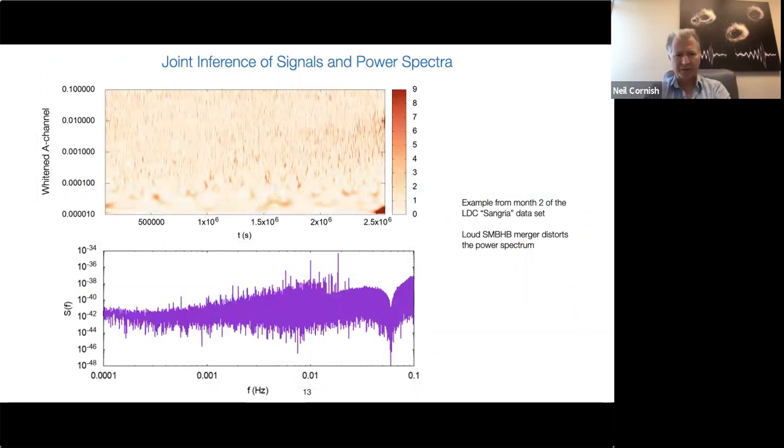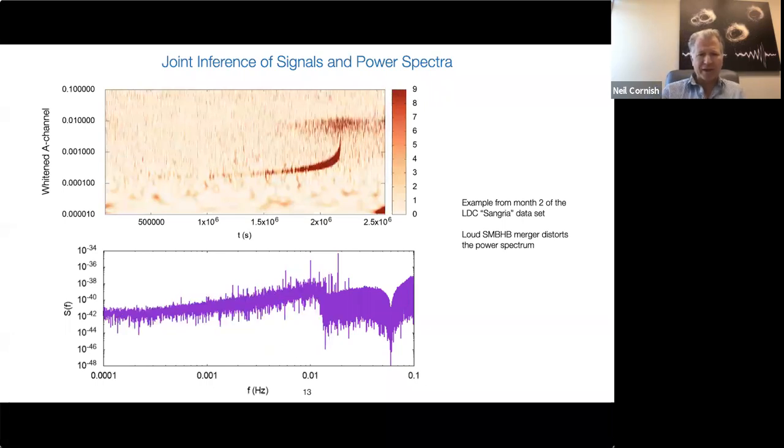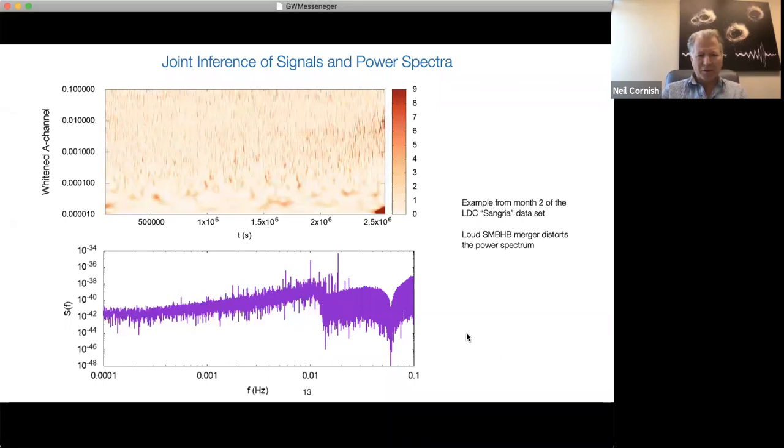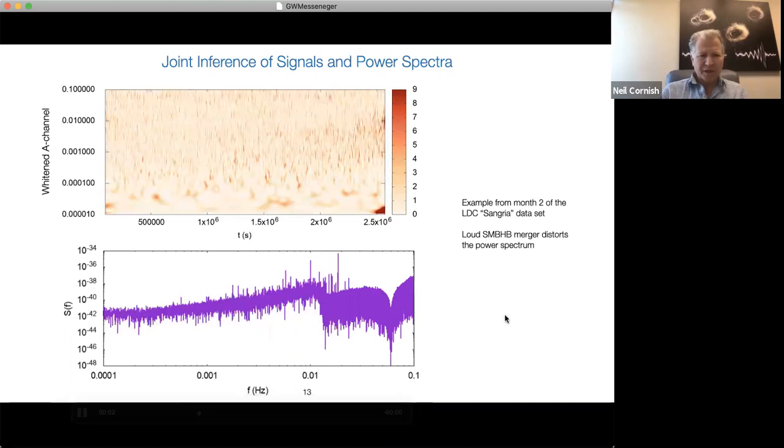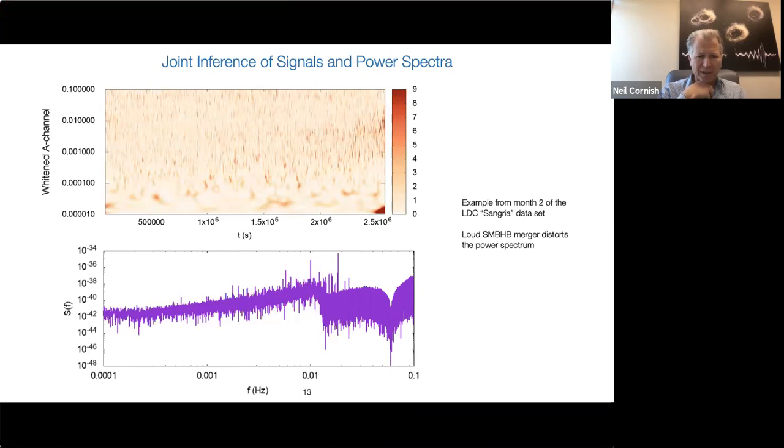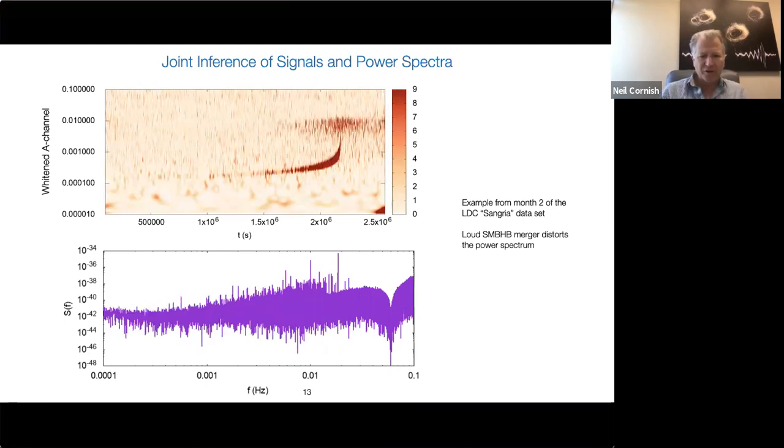There was a very loud, I think signal to noise 1500 or something, massive black hole binary there, and it was so loud that, in the lower plot, the two simulations unfortunately are not quite timed here, but you can see that the power spectral density that you infer is actually highly distorted by the presence of the black hole.